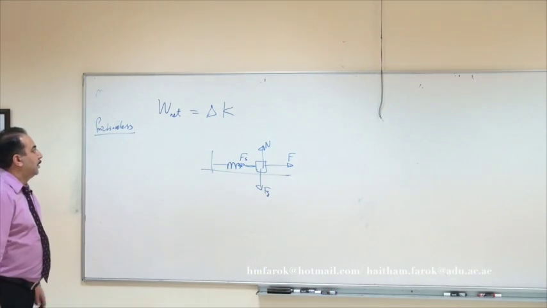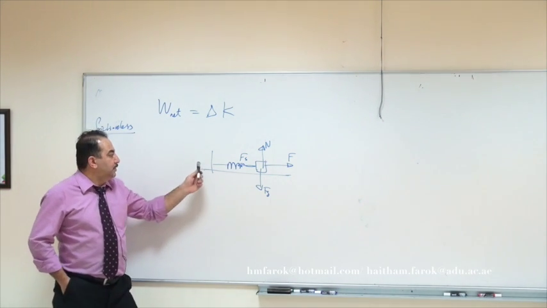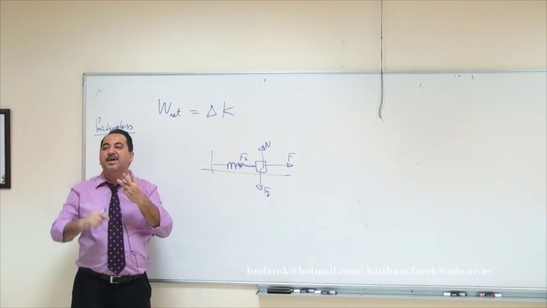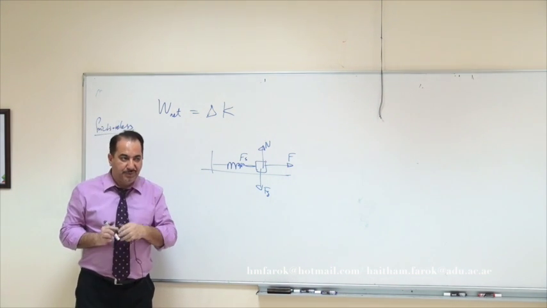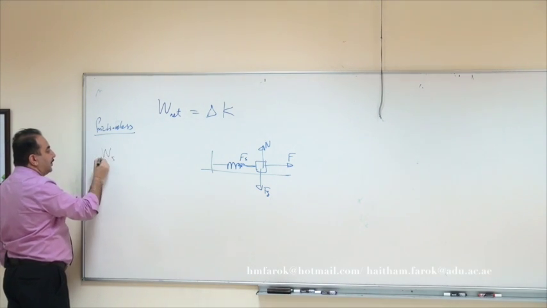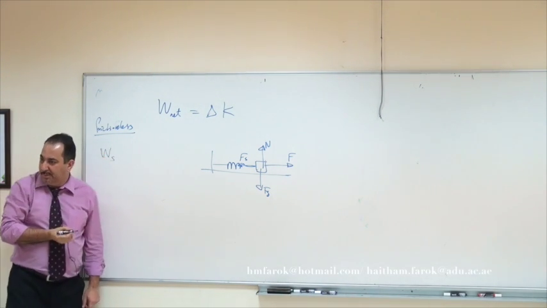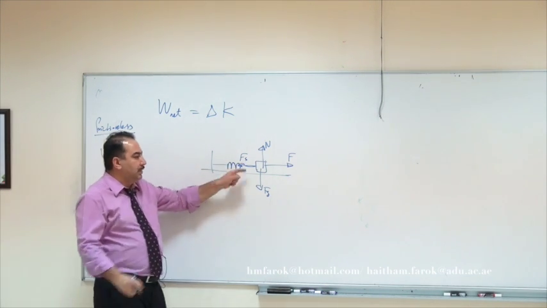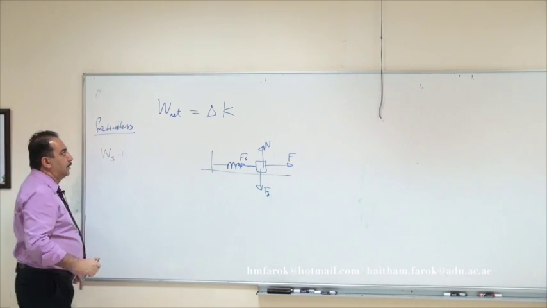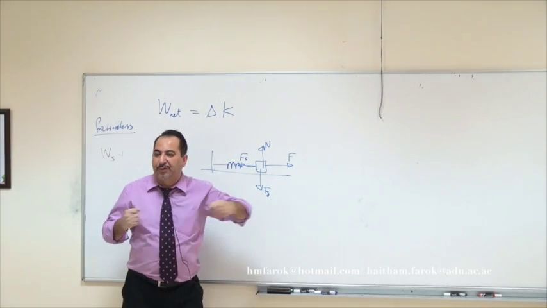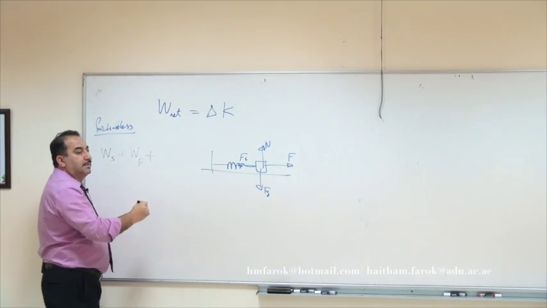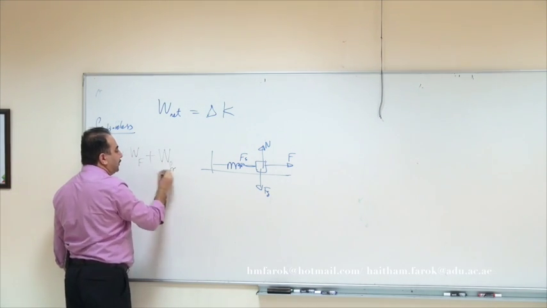Now, W net, in a question similar to this, generally speaking, comes from three major works, three major forces. The first is always the work of the spring force. Does the spring force Fs do work or not? Ws, plus the work of the applied force, Wf, plus the work of the friction force.